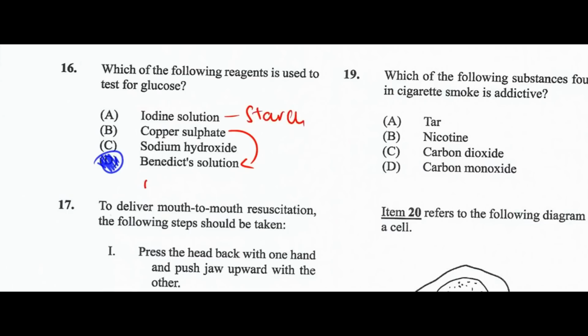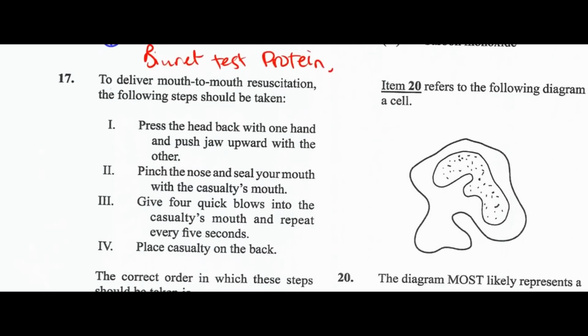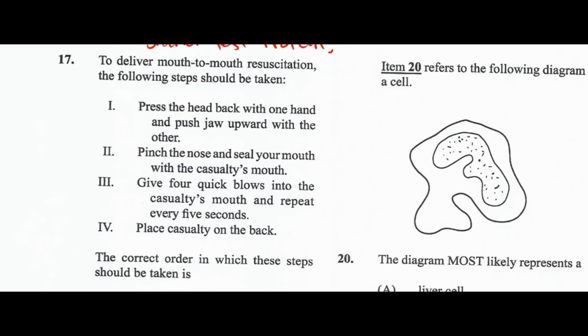You use the biuret test for proteins, and ethanol or grease paper test for fat. And I think that's it. I don't remember if there are any more.